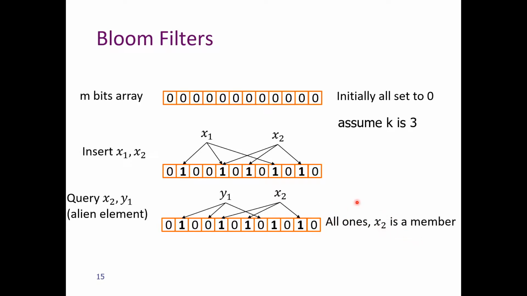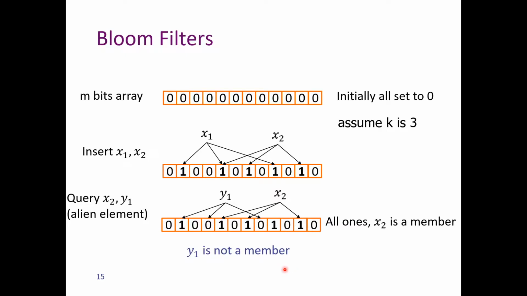Now I query a y1. y1 is not a member of the set, so we call it an alien element. So y1 is mapped to 3 random positions. And we find that only one of the positions is 1. Okay? If any of the positions is 0, then we conclude y is not a member of the set.